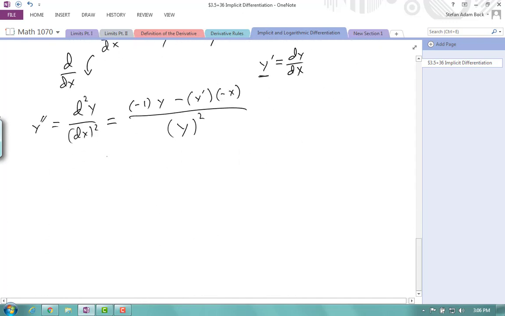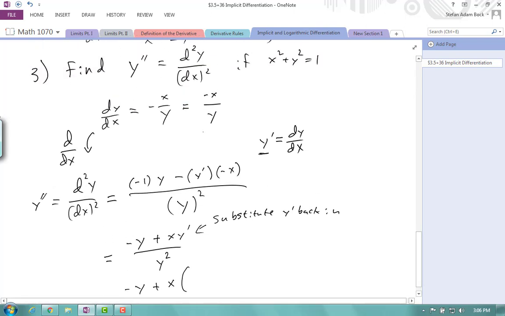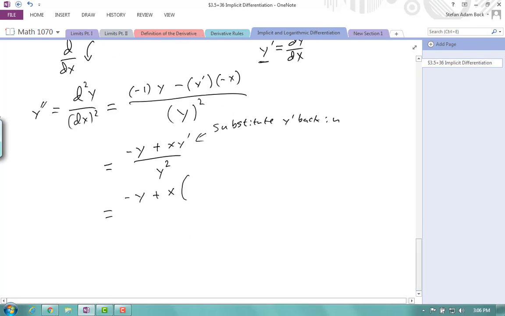So down here we have our derivative, negative y plus x y prime over y squared. And what I do for this is I substitute y prime back in. So I have minus y plus x times my y prime, which is negative x over y, all over y squared.